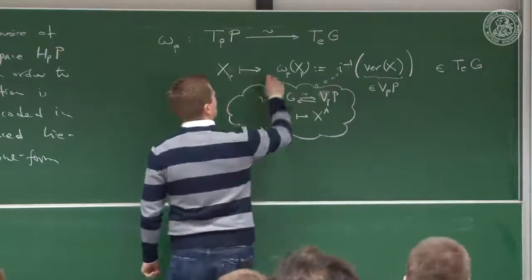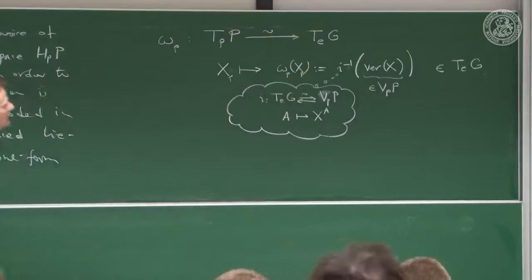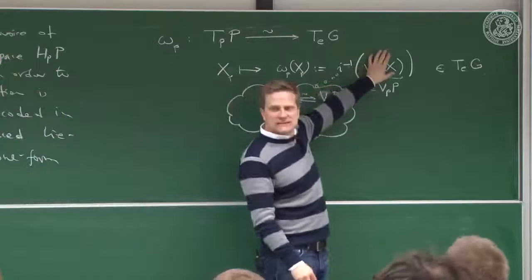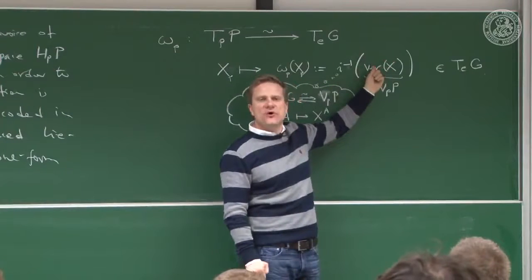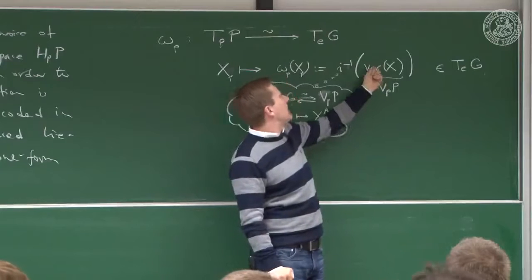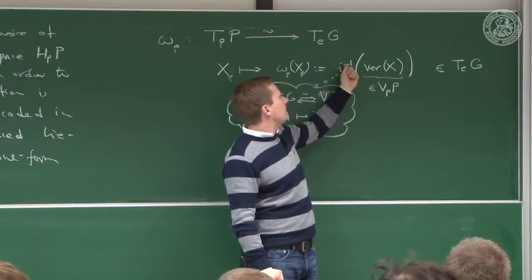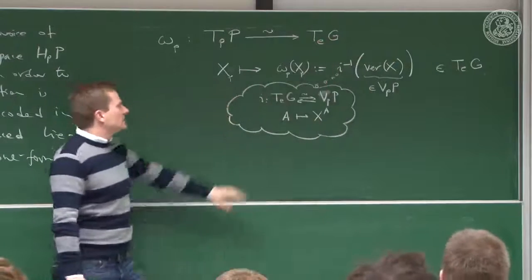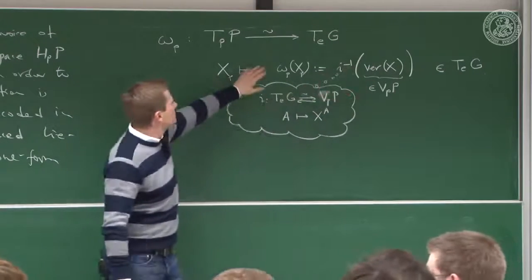So this is an extremely important definition. This takes the choice of horizontal subspace hidden in this projection of the vertical part, and by this canonical I map, or its inverse, maps it to the Lie algebra. So it takes this choice and makes it into a one form.